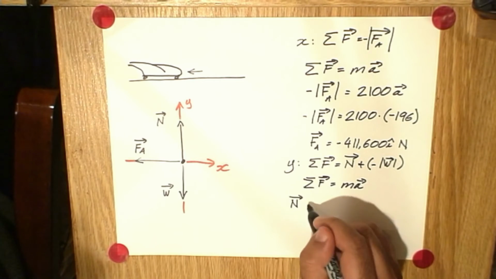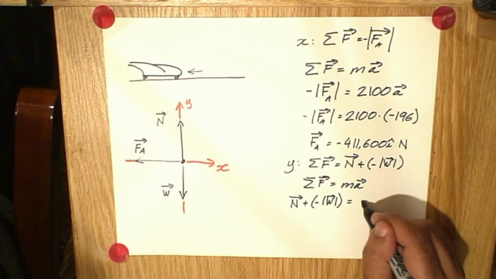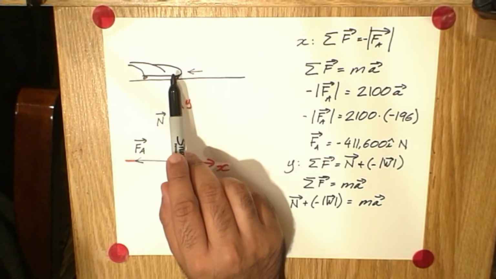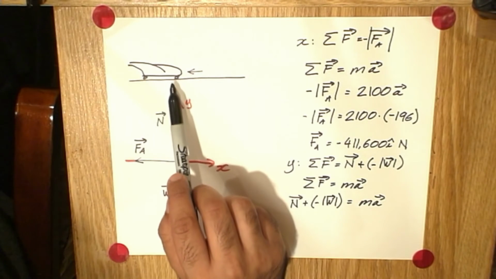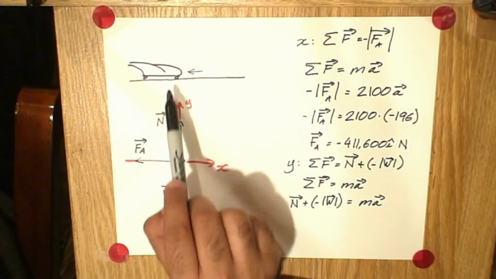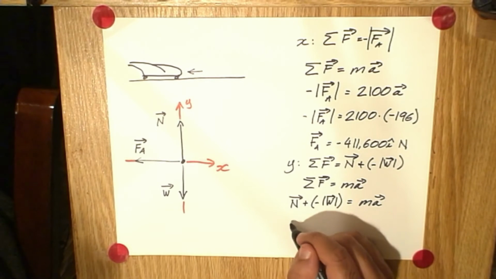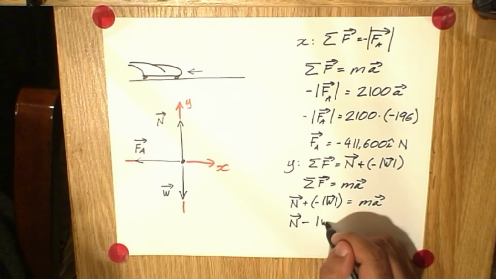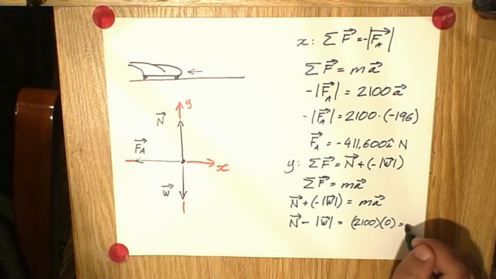Therefore, normal force plus negative weight is equal to mass times acceleration. Now, this object is not compressing into the ground, and it is not levitating off the ground. So its acceleration in y is 0. So that gives us normal force minus weight force is equal to mass, 2100, times 0, which is 0.